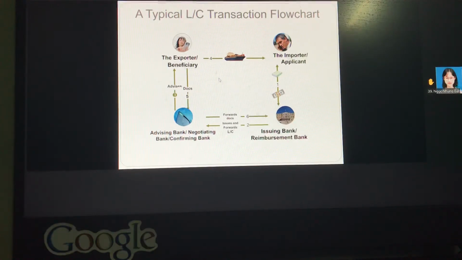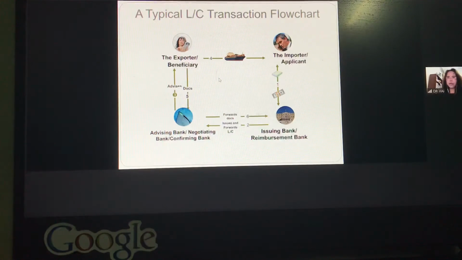And the third is to clearly stipulate the penalty clause in the foreign exchange contract if the contract is not performed. Go on, please.